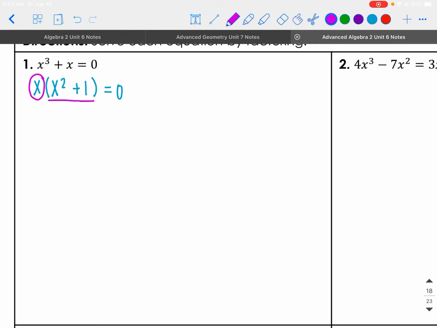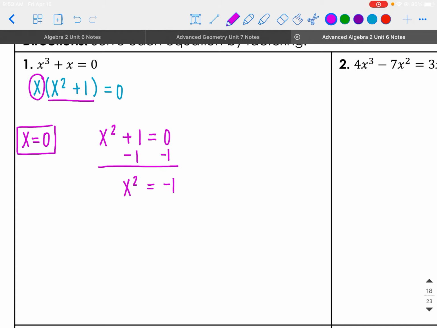And so then we take each factor and set equal to 0. The first one, x equals 0, that's easy. It's just x equals 0. And then we have x squared plus 1 equals 0. We subtract 1 from both sides to get x squared equals -1.